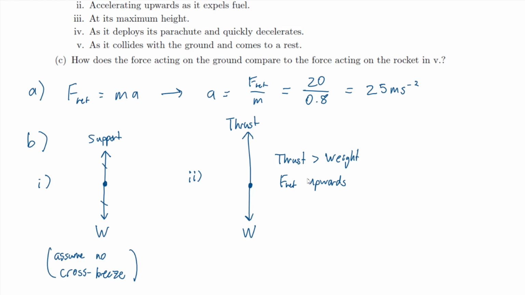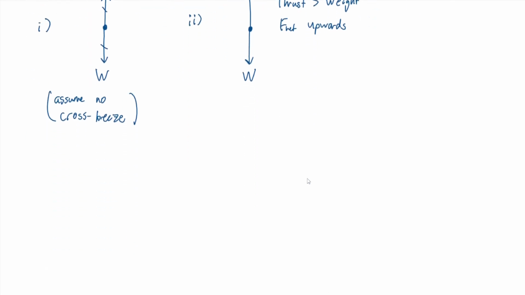Alright, part 3. At its maximum height. Now what is its motion at its maximum height? Is it accelerating? So let's have a think. So the rocket starts at the ground, it is stationary initially, it accelerates upwards.